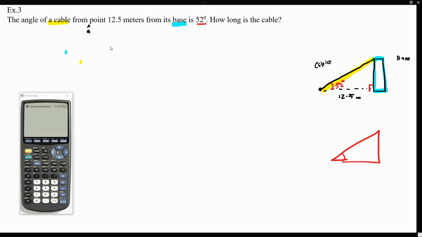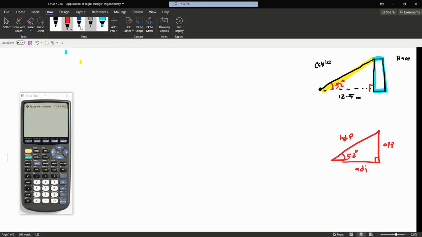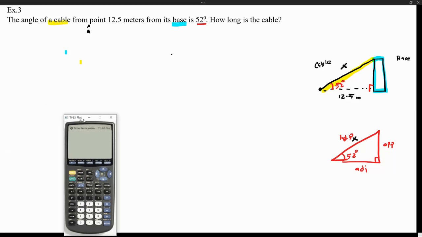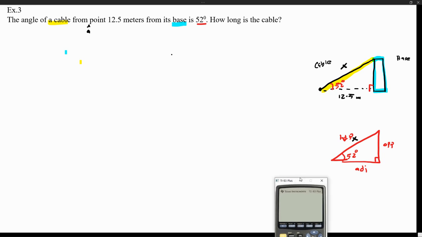So here we have a right triangle in which this angle is 52. Now the base will be the opposite of 52. The cable is represented by the hypotenuse, and this side is the adjacent. And again, what we're looking for is the length of the cable, which in other words is the hypotenuse.